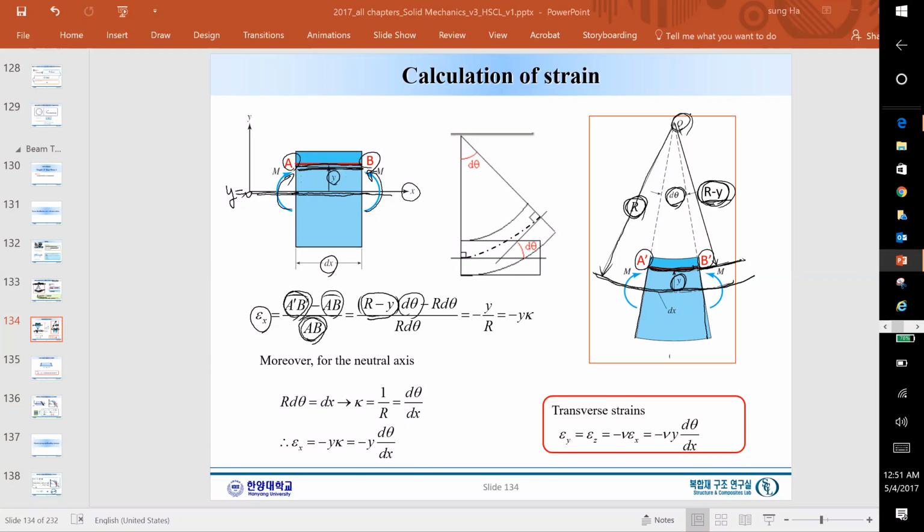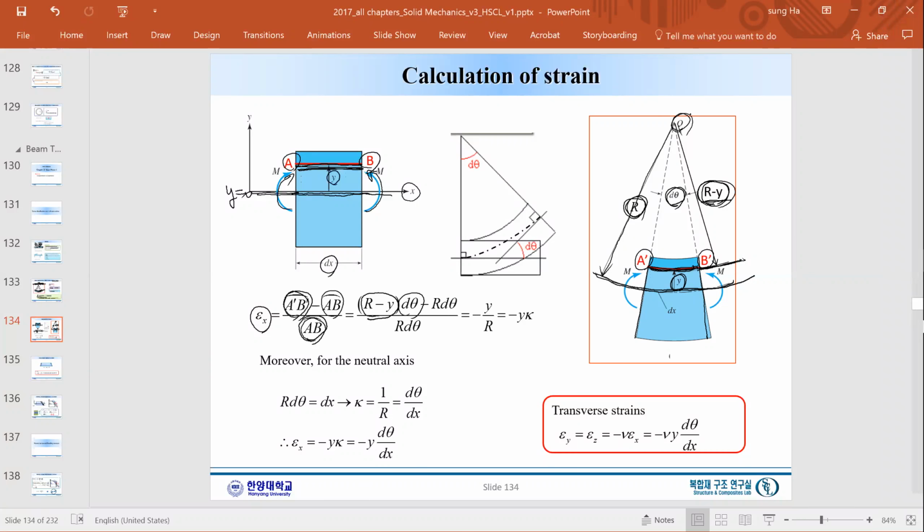That is the length of A prime B prime. And very importantly, the original length was AB, and AB was dx. But dx, as you can see here, this line does not change, does not change. So AB is the same as this line in length.